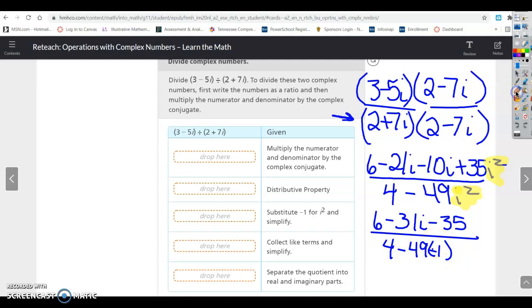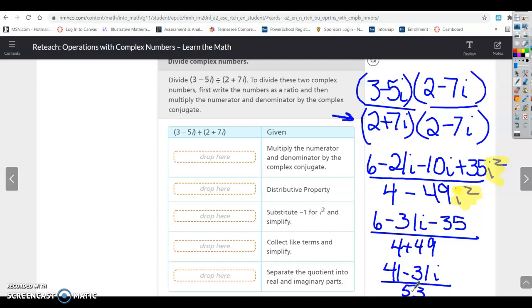So 4 plus 49 is 53. So we have 6 minus 35, minus 31i, over 53.